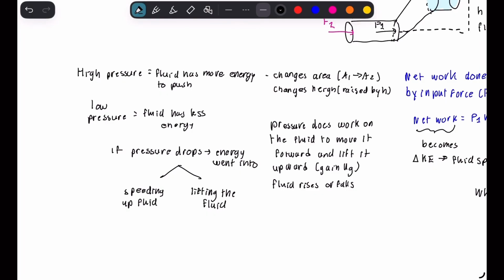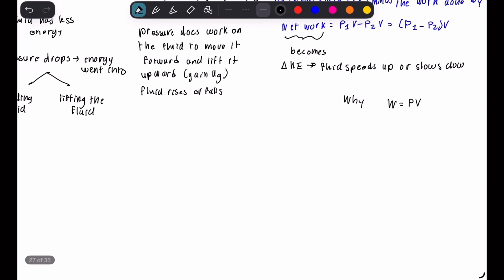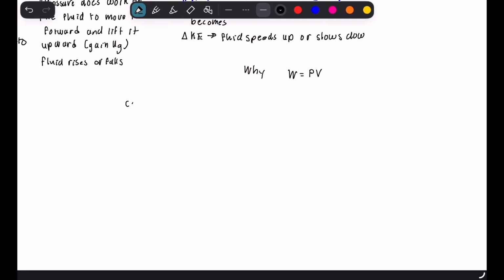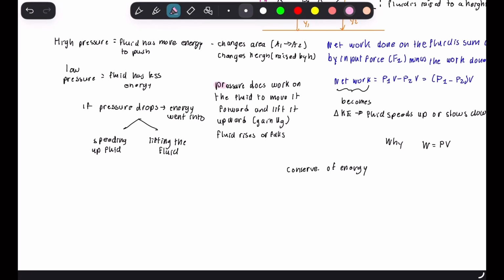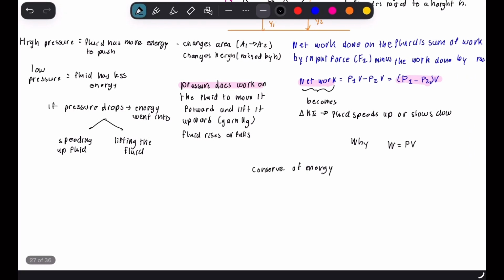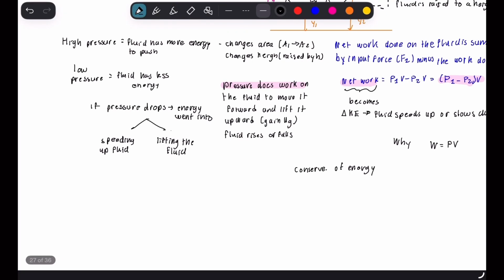So we can also look at conservation of energy. What we've seen so far is that pressure does work, P1 minus P2 times V, and that goes into kinetic energy and also gravitational potential energy.